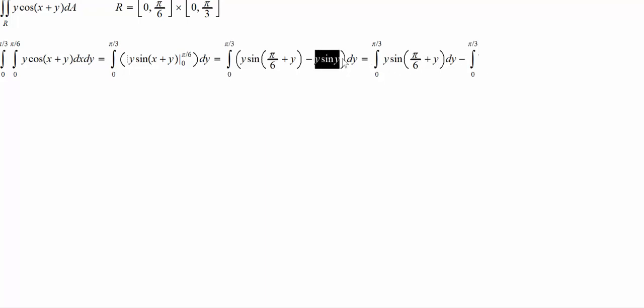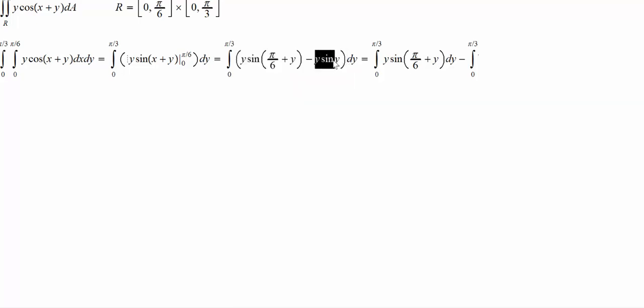In here you can see that we could have taken sine of pi over 6 plus y minus sine y as my dv portion, because here we are going to use integration by parts, meaning that our integral of u dv is uv minus the integral of v du, right? So let's just do this by employing it here.